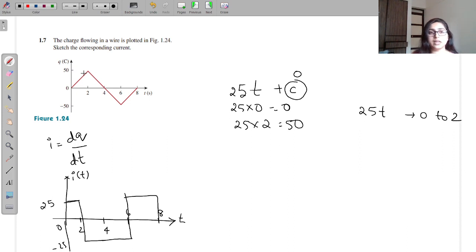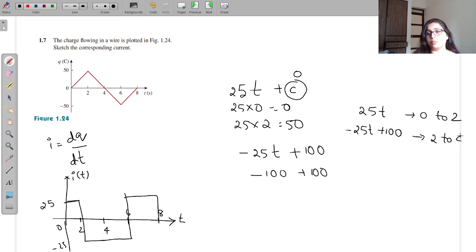Next from this, it is negative, minus 25t. So now if I substitute t is equal to 4, I am going to get minus 100, but actually I should get 0. So it is plus 100. So minus 25t plus 100. Minus 25 into 2, it is minus 50, plus 100 gives 50. So I got now two extremes. So this is minus 25t plus 100. This is from 2 to 4.